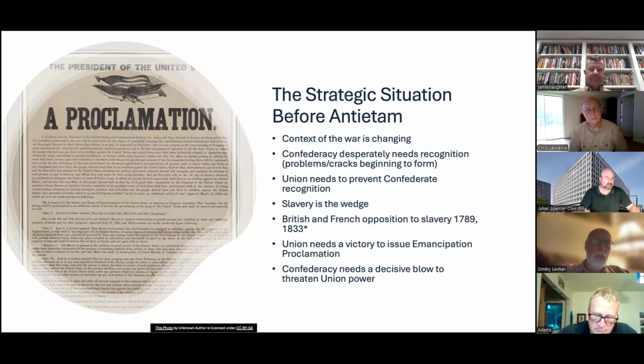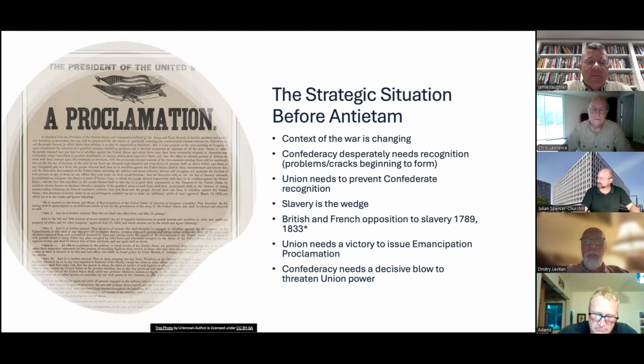But both France and Britain, since the 1830s, had jointly acted to prevent the slave trade along the West African coast into South Africa. And American slavers had come into conflict with them any number of times over the preceding 30 years or so, trying to keep the slave trade intact.